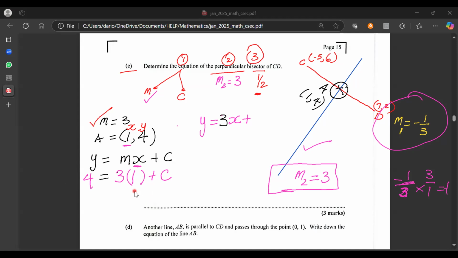No, Tyrese, no. We already said X was 1, Tyrese. So you have to put in that 1. 3 times 1. You have to multiply, Tyrese. So what is C equal to?